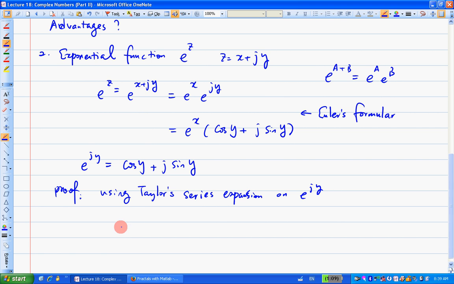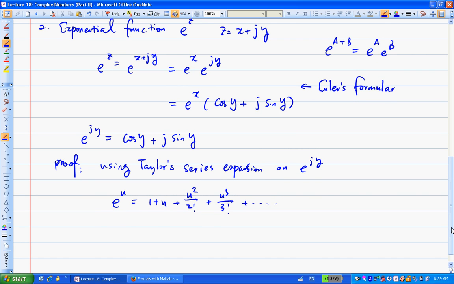The whole idea is the Taylor series expansion of e to the power of u is 1 plus u plus u squared over 2 factorial plus u cubed over 3 factorial, like this. This is a regular Taylor series expansion in a standard format of e to the power of something, right? So now my u is jy. If you plug this in here, we're going to be able to derive this one here, okay? And we're going to have to use Taylor series expansion on the cosine y and sine y.